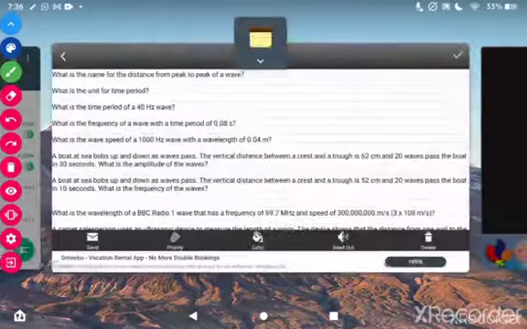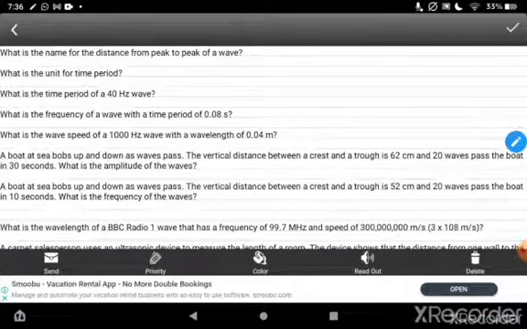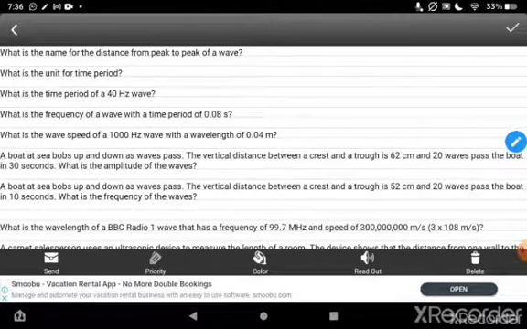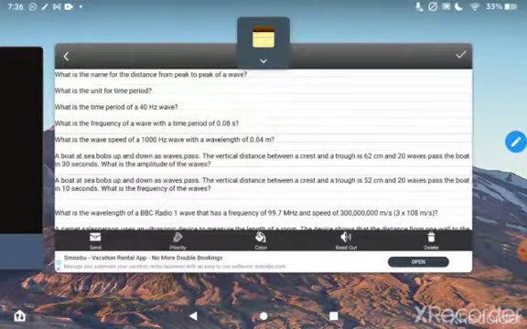The next question says, what is the wave speed of a 1000 Hertz wave with a wavelength of 0.04 meters? So here we have two qualities of the wave given.